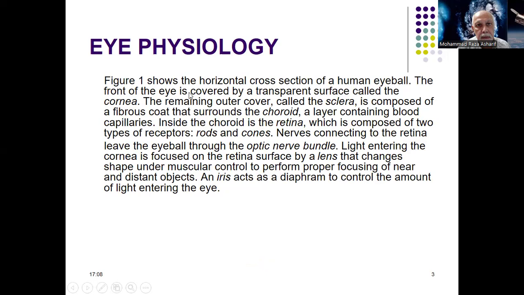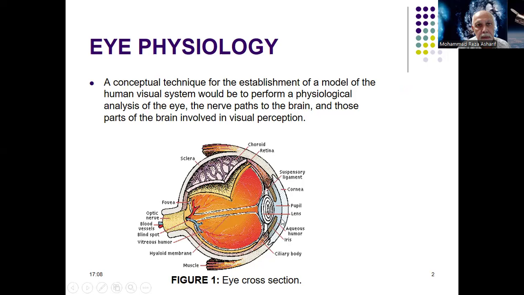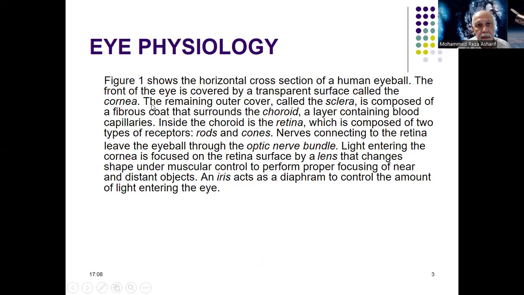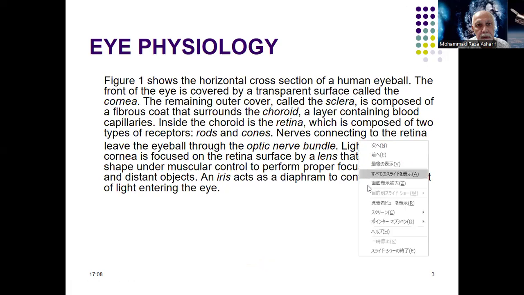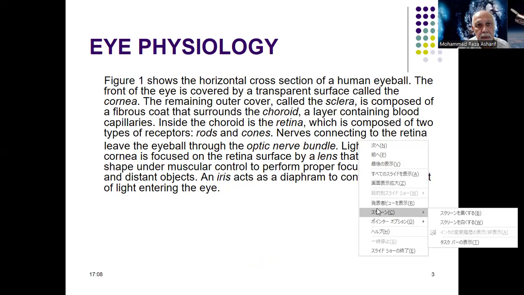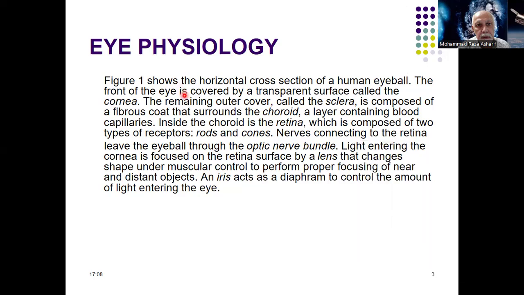The front of the eye is covered by a transparent surface called cornea. This part is cornea.